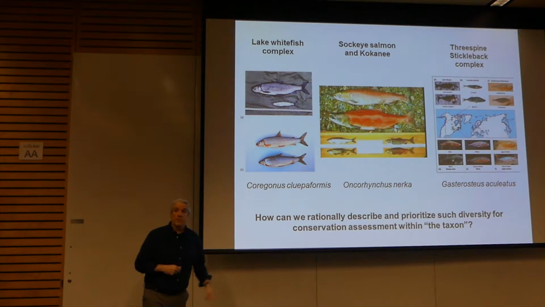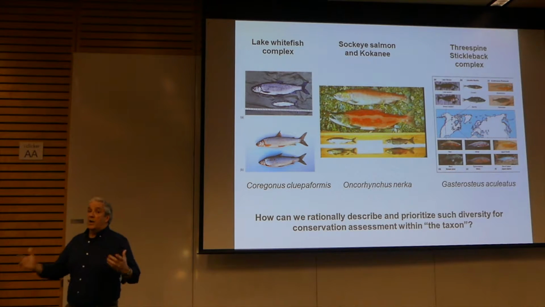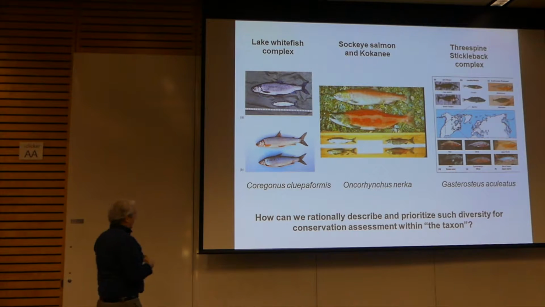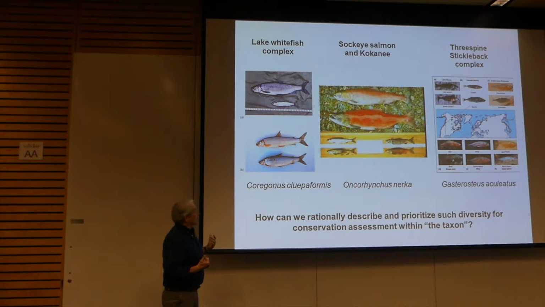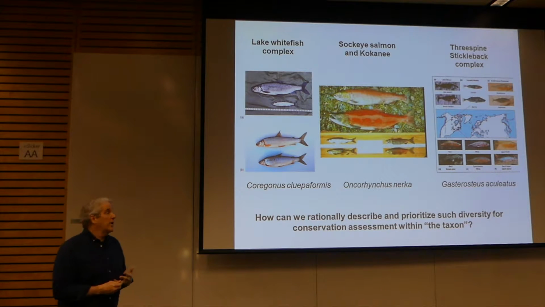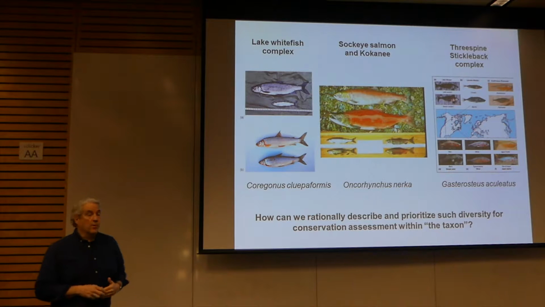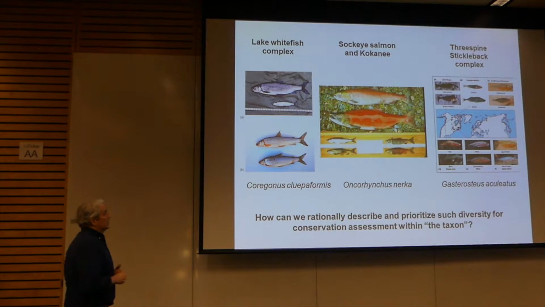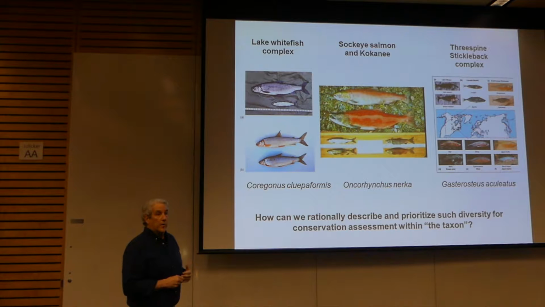And this is one of the examples where it looks like we're going to get a new taxon in British Columbia. So these are going to be split up into Coregonus clupeaformis and Coregonus nigripinnis. It looks like the European whitefish has come across Beringia and colonized parts of Alaska and Yukon and northern British Columbia.